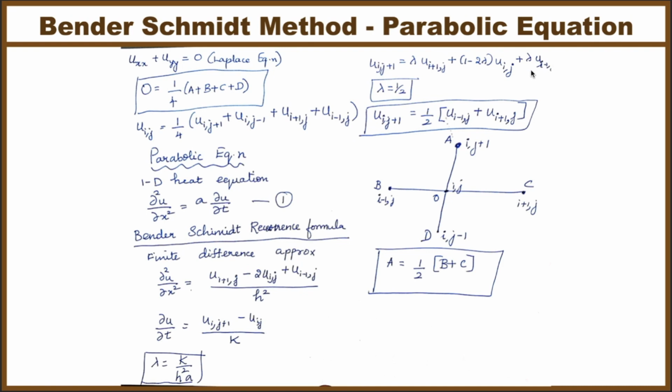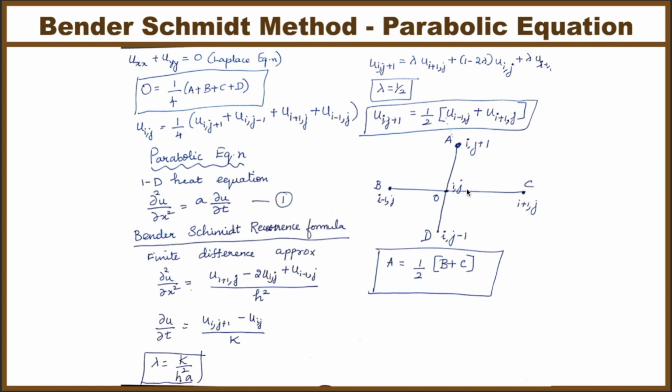This is the equation after substituting, interchanging left hand side and right hand side and cross multiplying, where lambda is equal to k by h square a. Then we take lambda is equal to 1 by 2. If we take lambda is equal to 1 by 2, we get the equation ui comma j plus 1 is equal to 1 by 2 (ui minus 1 comma j plus ui plus 1 comma j).